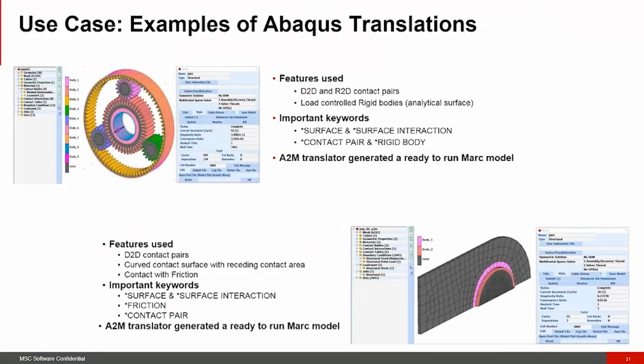An important benefit here is that the Abaqus to Marc translator generates a ready-to-run Marc model. This is the main goal of this translation, to get a model that you can easily run. So if you have an Abaqus model that you would like to import in Marc for further analysis, the 2018 version allows you to do so.